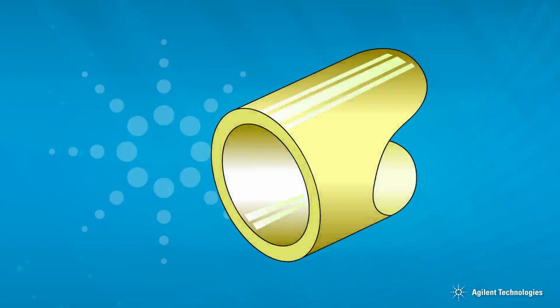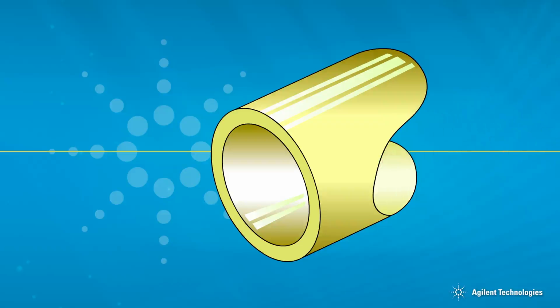Capillary columns are made out of fused silica glass, which is drawn to a narrow ID tube in very long lengths. Fused silica is a pure form of glass that is very inert and exhibits almost no interaction with the sample components.